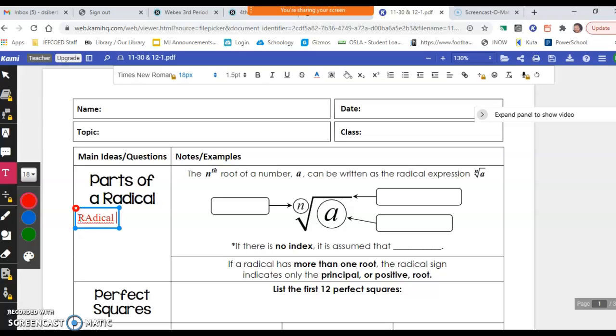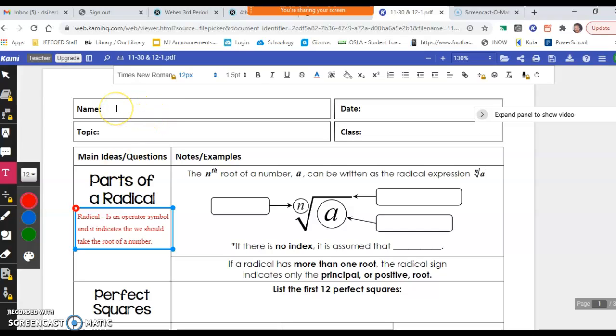A radical, guys, is an operator symbol, and it indicates that we should take the root of a number.